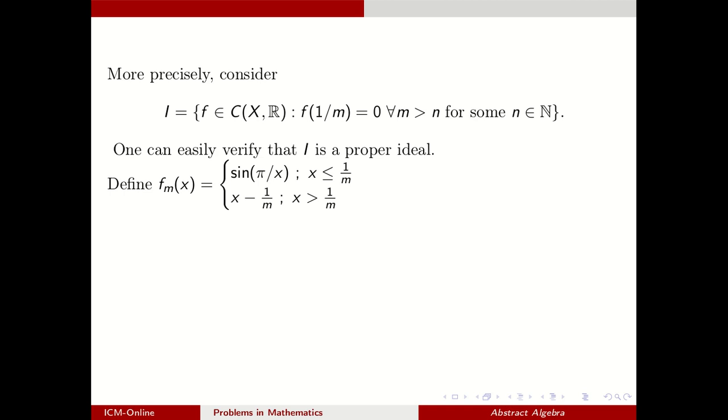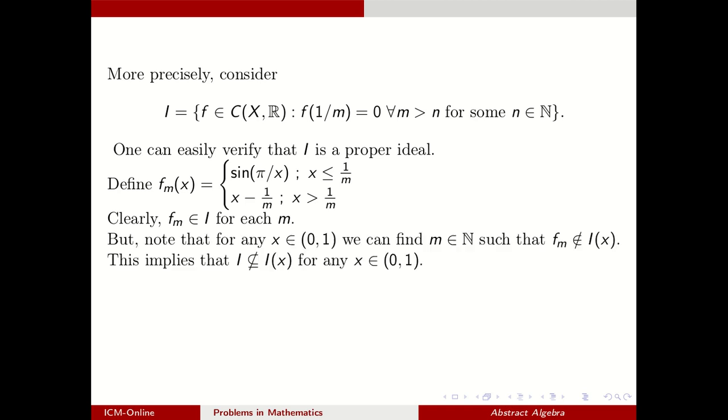Define f_m(x) equals sin(pi/x) if x is less than or equal to 1/m, and x minus 1/m if x is greater than 1/m. This function is what you have seen already. Clearly, f_m is a member of I for each m.